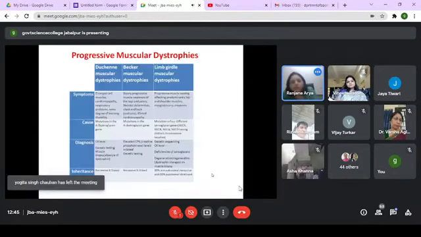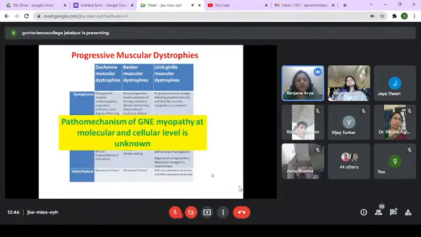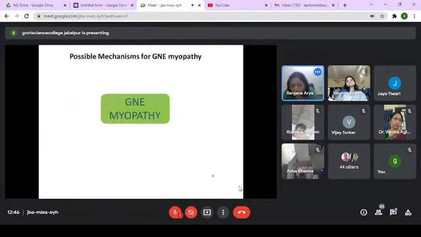Next, please. For these different muscular dystrophies, we know the cause, we know the associated problems, and we know what genes are involved. But for this, we do not know the molecular mechanisms associated with GNE myopathy. So these are the mechanisms our lab is trying to understand, to find why GNE myopathy is caused.